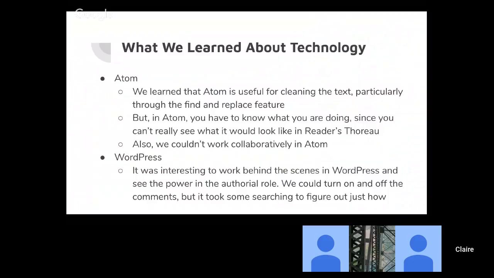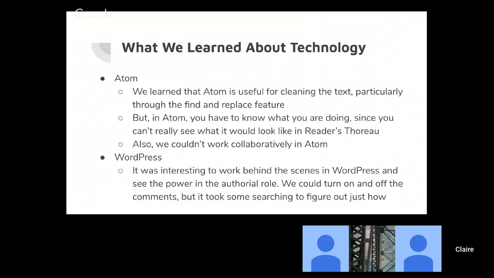Also, limitations, we couldn't work collaboratively in Atom. And also with respect to WordPress, we already discussed, initially we didn't have administrative access, and once we obtained it in WordPress, it was difficult to find out how we could switch on comments, but after that, things went rather smoothly.